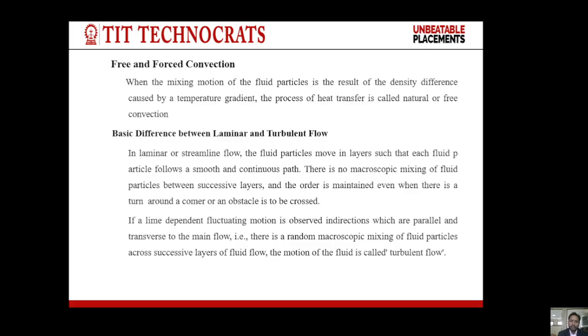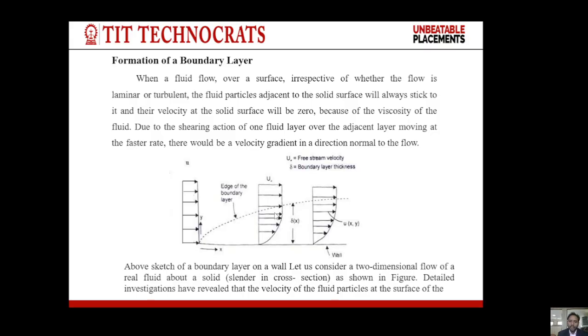In case of laminar, there is no intermixing of fluid. Only streamline flow will be there in case of laminar, but in case of turbulent, macroscopic mixing of fluid particles will take place.